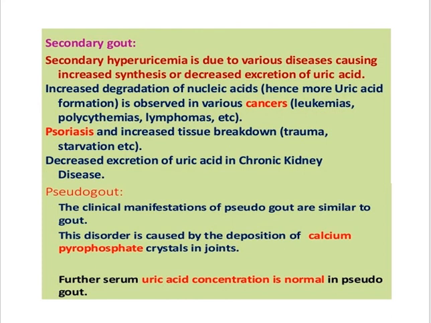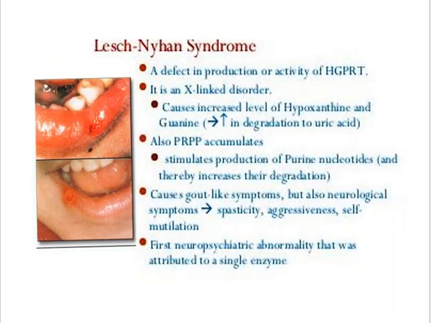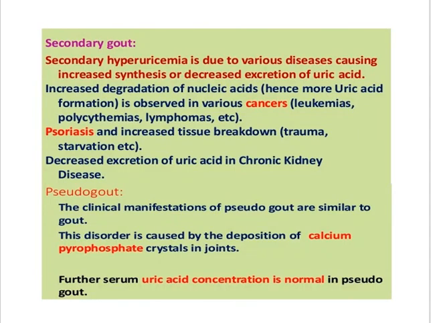This is pseudogout. Clinically, pseudogout is similar to gout, but the difference is that in gout there is accumulation of monosodium urate crystals, while in pseudogout there is accumulation of calcium pyrophosphate crystals. So this is the biochemical difference. Clinically, both have similar symptoms.